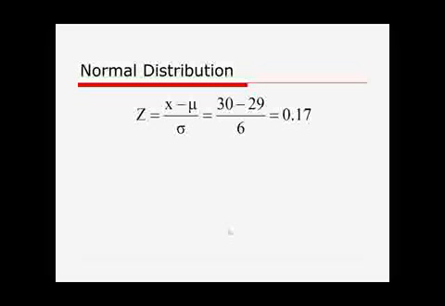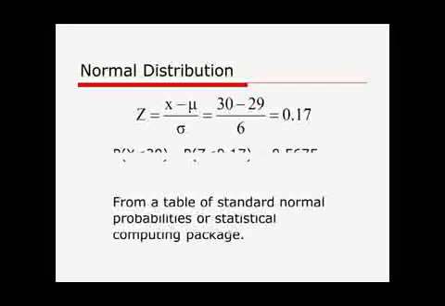Now think of where 30 was in that picture of BMI. It was just to the right of 29, which was the mean. 0.17 is just to the right of 0, and it's by the exact same amount. I'm sure you've seen lots of textbooks that have tables of probabilities for the standard normal distribution, or you can get these figures out of a statistical computing package.